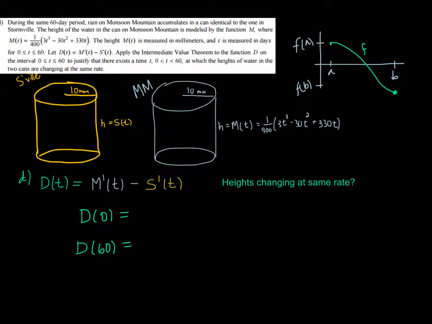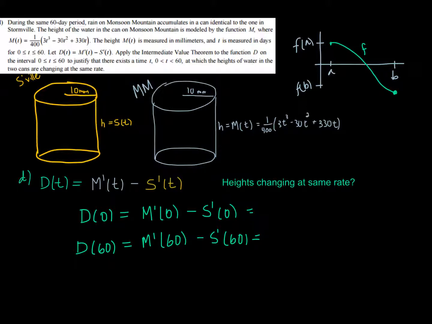For both of these, we're going to need m prime of 0 minus s prime of 0, and here m prime of 60 minus s prime of 60. Now you are given the function m, so you can differentiate m to find m prime of t, and then you can evaluate at 0 and at 60.